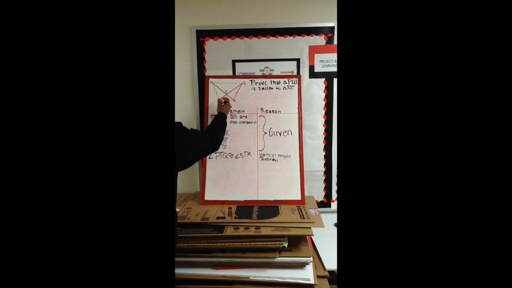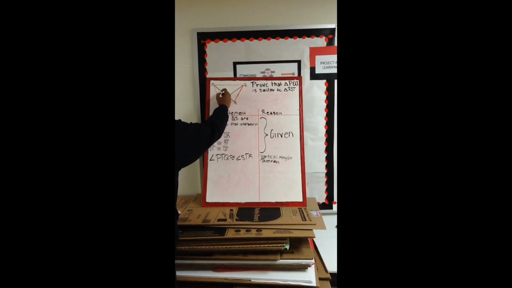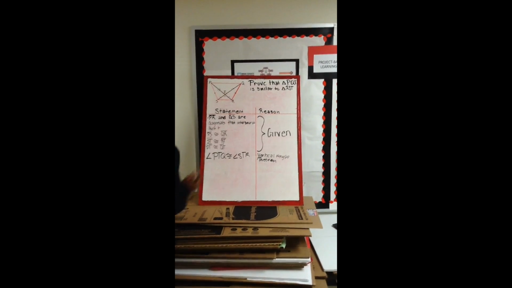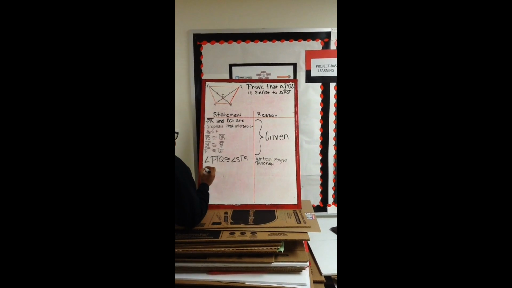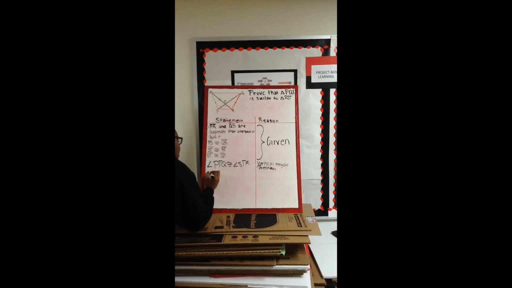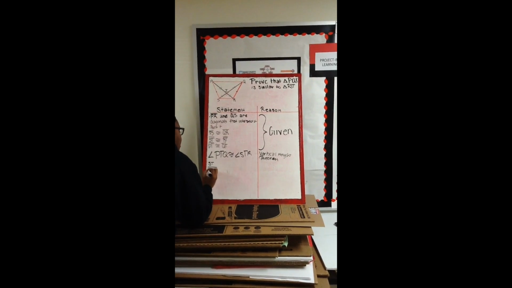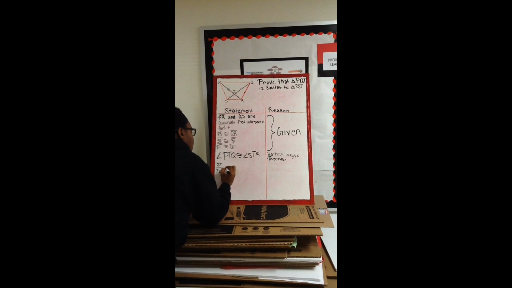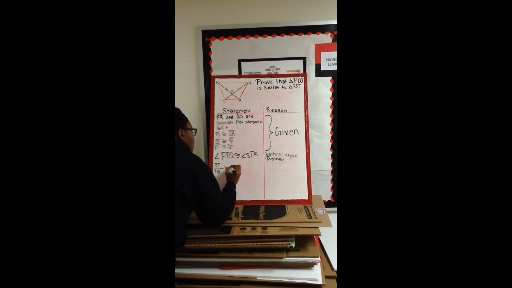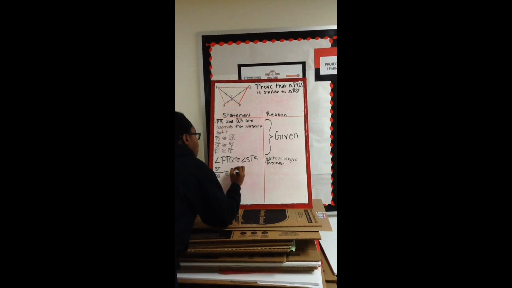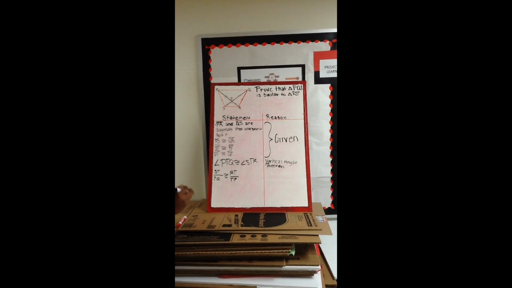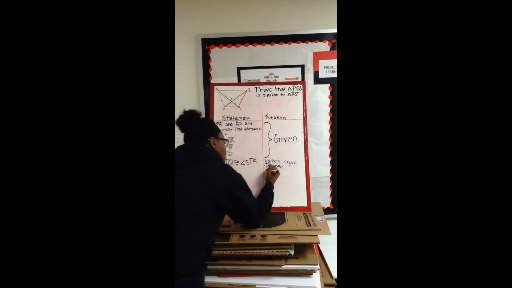And then we know that these two lines are congruent. So set up the ratio: ST over TQ is congruent to RT over TP, and that's because of the division property of congruence.